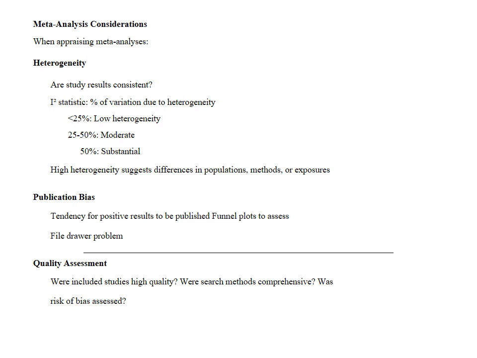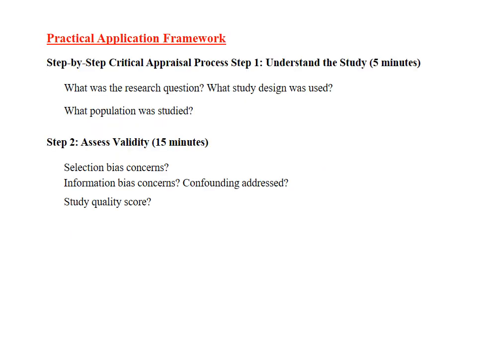High heterogeneity suggests differences in population, methods, or exposure, and that raises the reasons for bias. Publication bias: the tendency for positive results to be published, with funnel plots to assess it, and the file drawer problem. Quality assessment: were included studies of high quality, were research methods comprehensive, was risk of bias assessed?